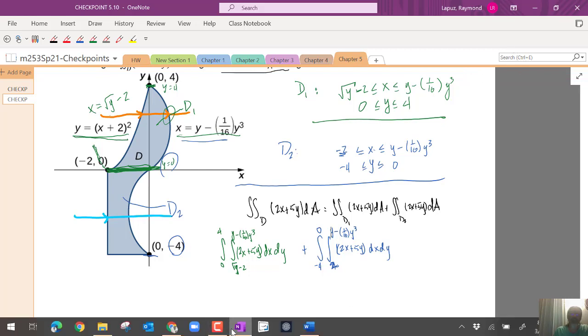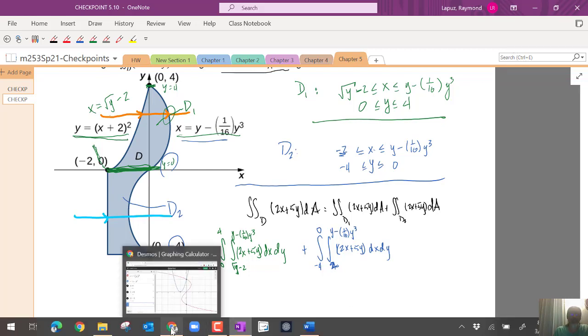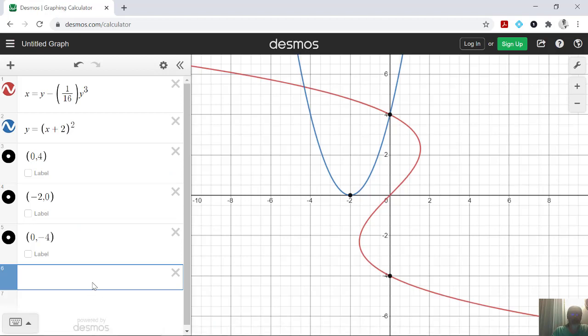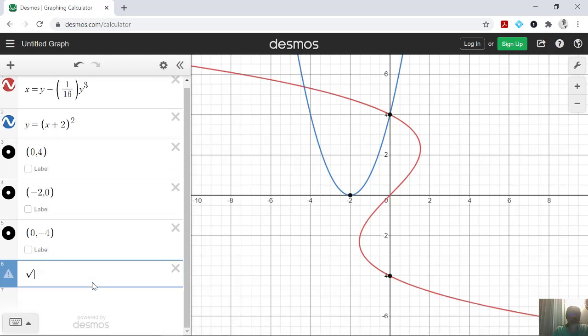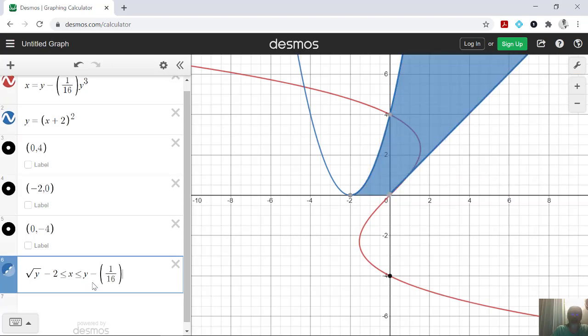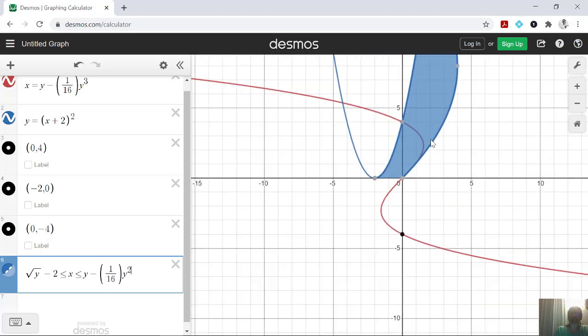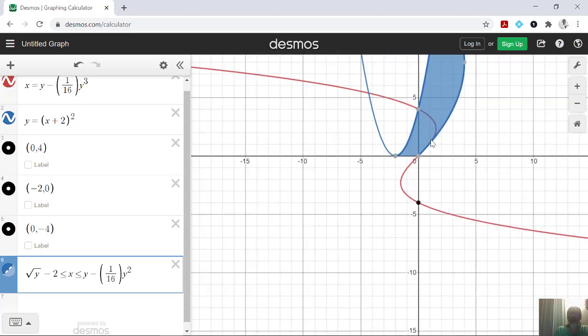So if we type the square root of y minus 2 less than or equal to x less than or equal to that other function, y minus 1/16 y cubed, we see that it goes up there, and that's probably more than what we want.